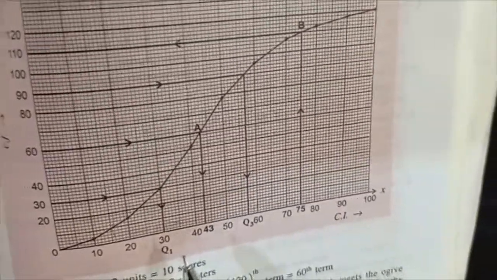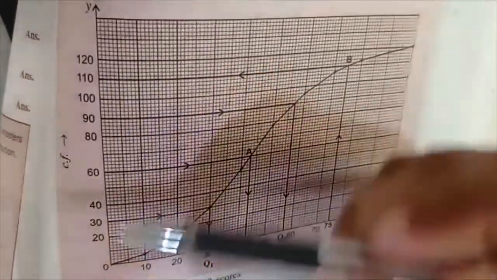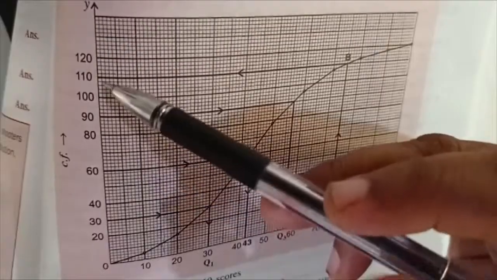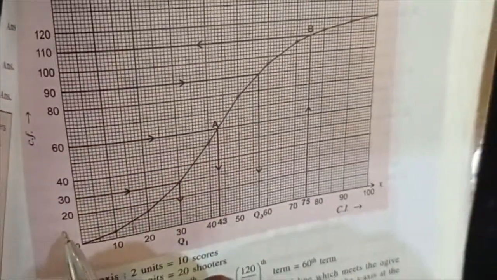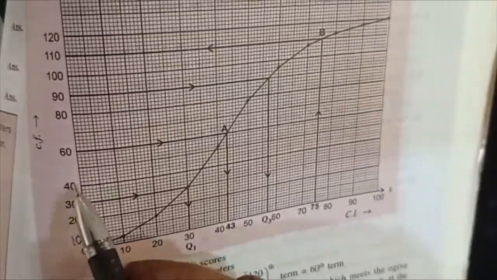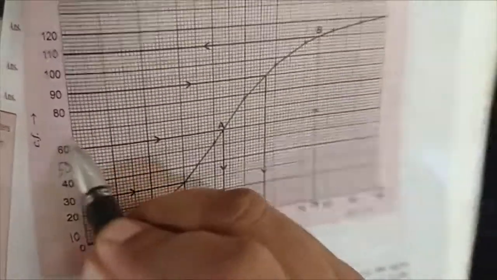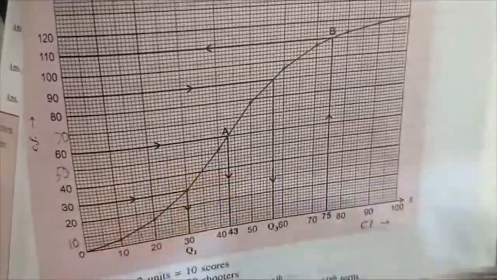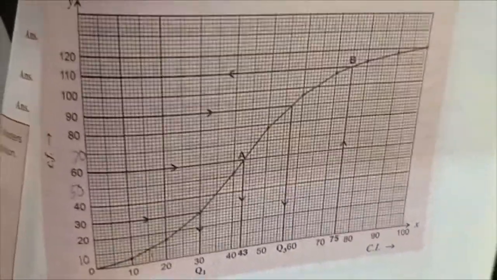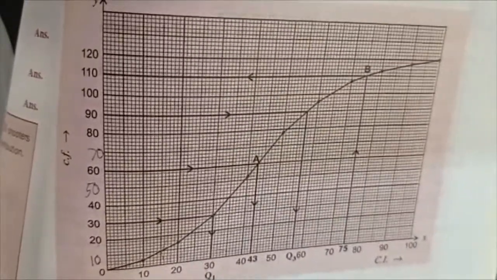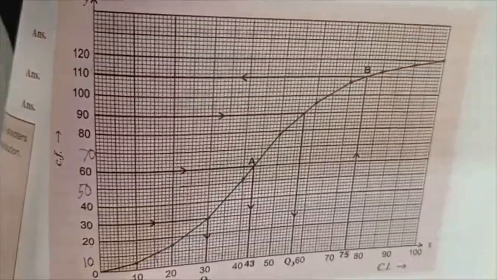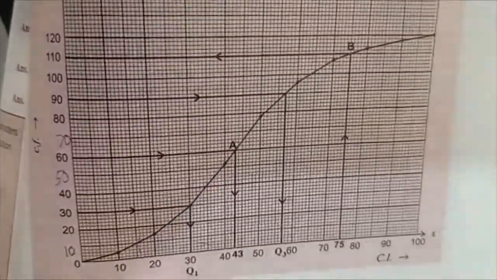Mark. Then on the y-axis, the cumulative frequency. The last one is 120. Therefore we can mark 10, 20, 30, 40, 50, 60, 70, 80, 90, 100, 110, 120. Take the scale 10, 20, 30, 40, etc.